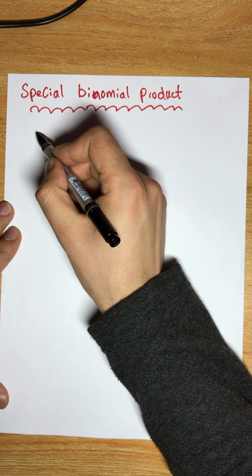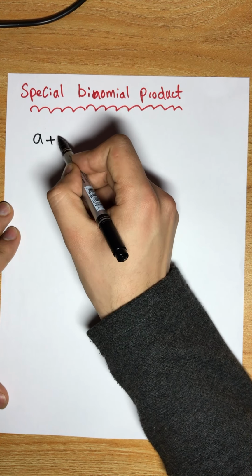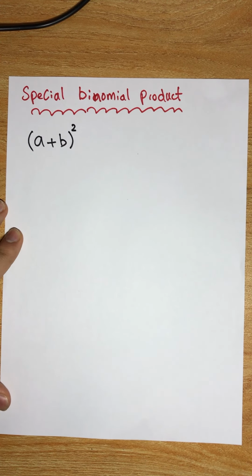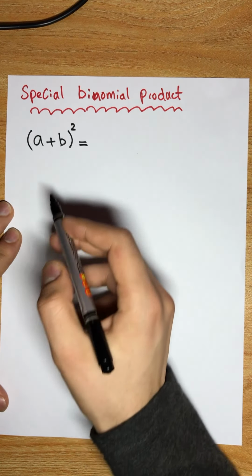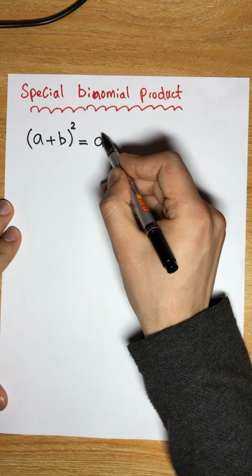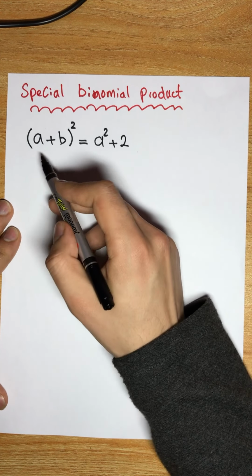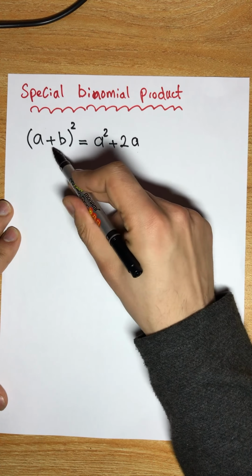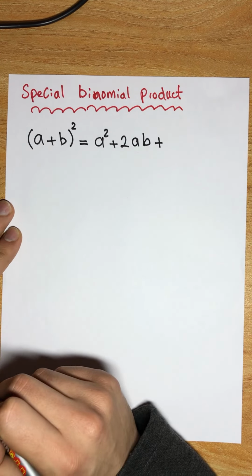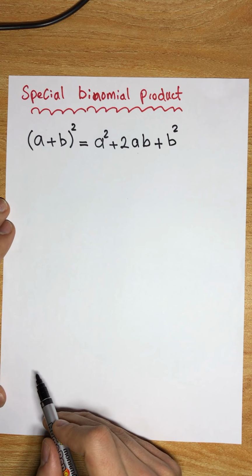Now the first one, if we have the expression in this form, a plus b squared, then we can expand this expression by using this rule. a squared plus 2 times a times b, and then plus b squared. This is the first rule.